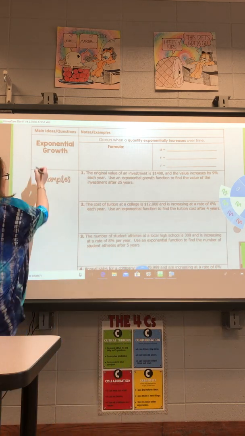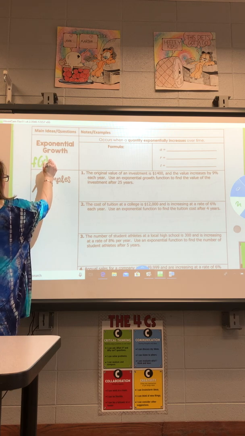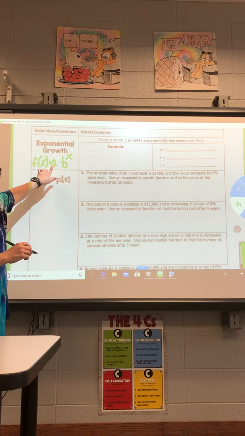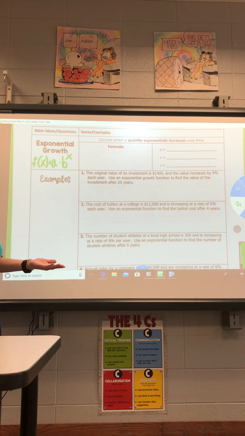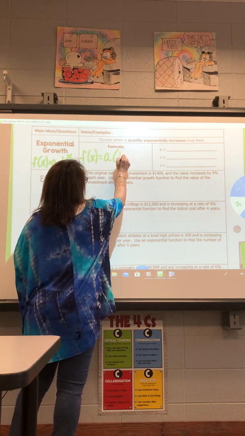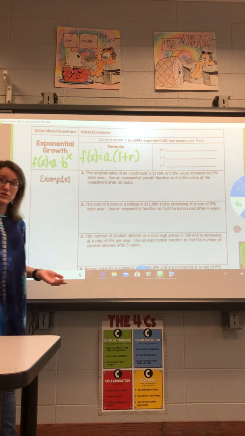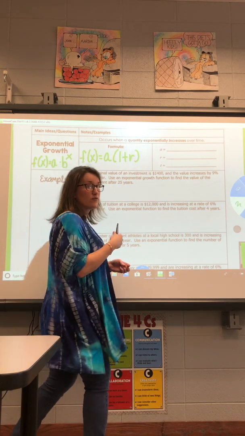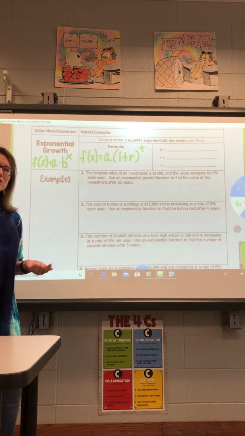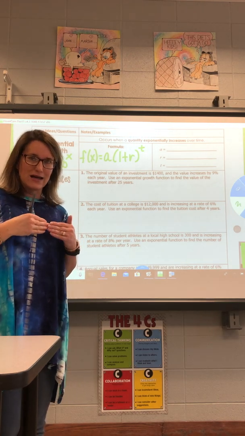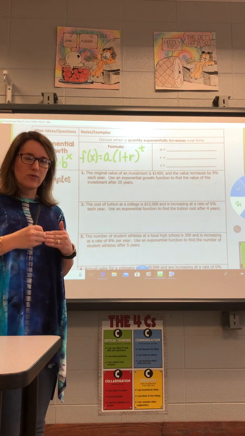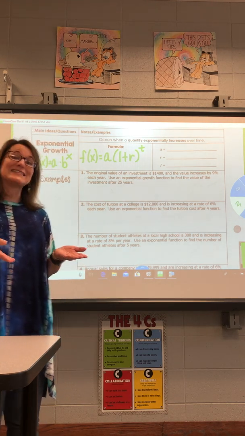Now the formula, if you will remember, the basic formula is A times B to the X. But if I'm talking about exponential growth, what I just told you before is I can replace B with 1 plus R, which again is my percentage rate, my rate of growth. And then I'm going to replace the exponent x with t because we're going to be talking about time. Now, x doesn't always have to be time, but in most all problems that we're going to be doing, your x value is going to be a time unit.